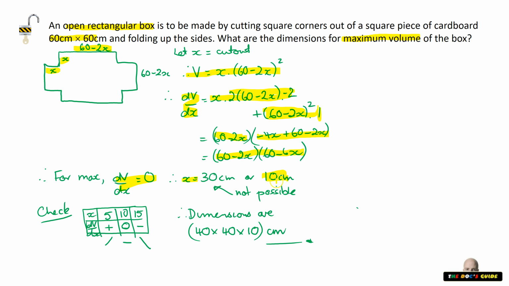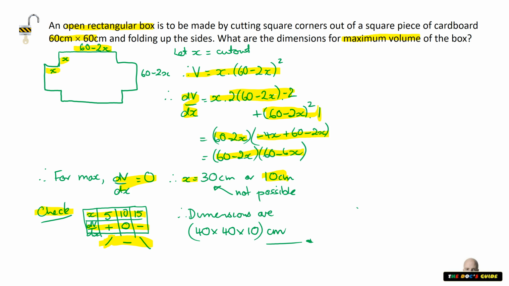Now to check that we actually do have the maximum turning point, we could find the second differential, but rather than do that, we'll just take some values either side, work out the slope, and we can see that what we're going to get is a maximum turning point.